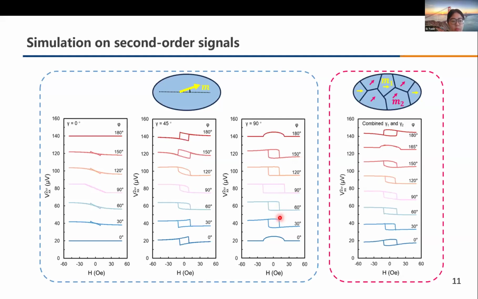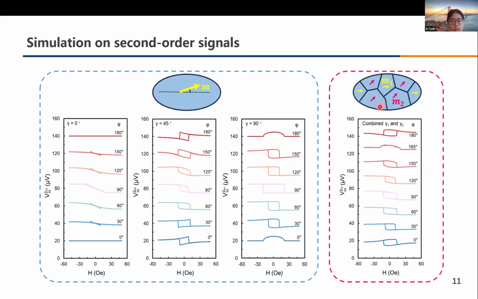And for the sample deposited without any bias field, there's no well-defined easy axis across the entire element. However, the shape anisotropy and edge effects prevent the sample from being completely isotropic.